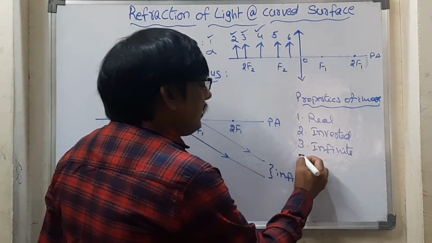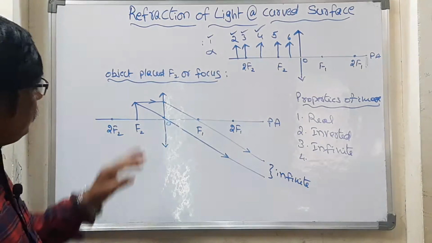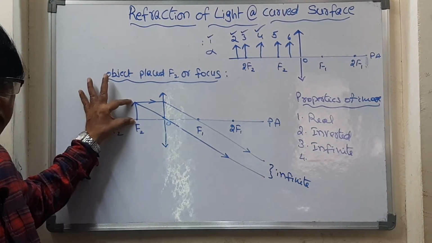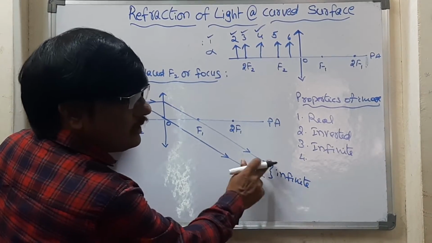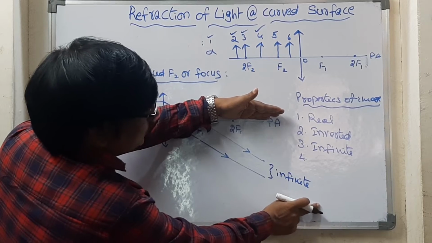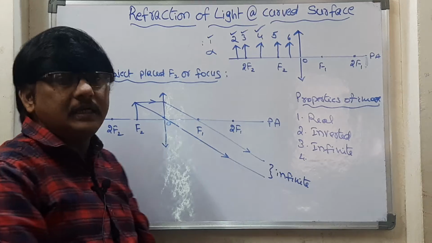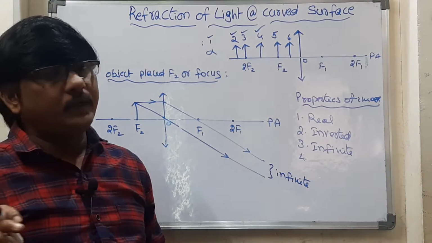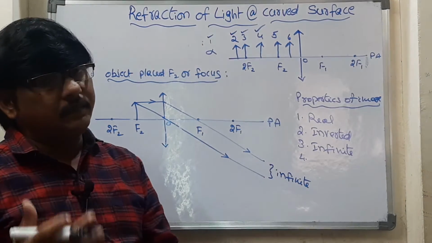So the fourth one is, what is the size of the image? If you observe, this is the size of the object, and these two rays somewhere intersect. For example, if they intersected here, how much is the distance between the principal axis and this point? That is highly magnified. Did you get it? Highly magnified. The maximum large image will be formed.